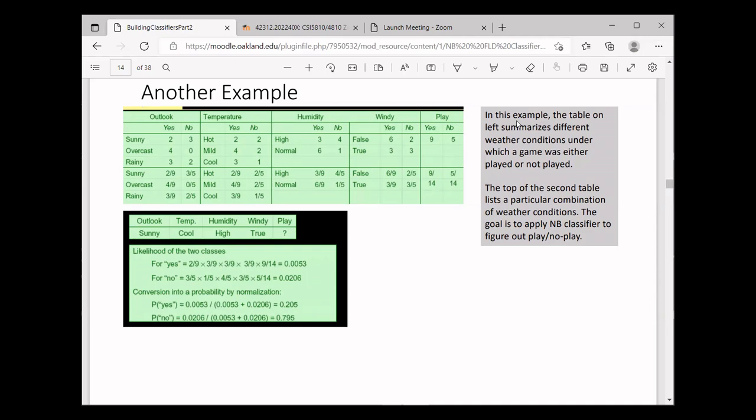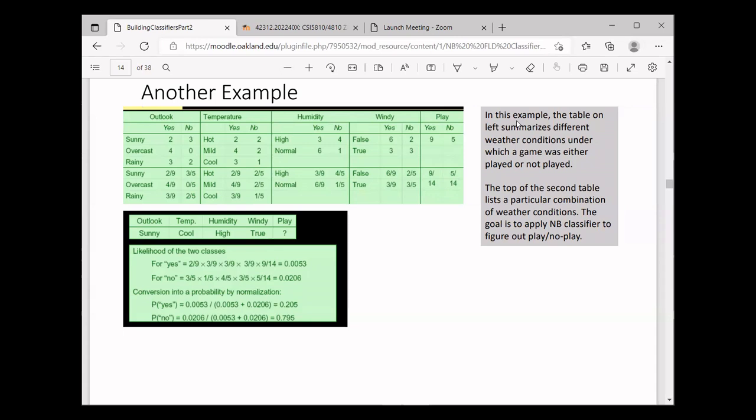What are the conditions? Windy conditions. So basically, you have this set of data, and you have 14 observations, 9 plays and 5 no plays. All right. So basically, you have 14 readings or 14 vectors, and every vector is characterizing a particular situation given through these numbers. All right.